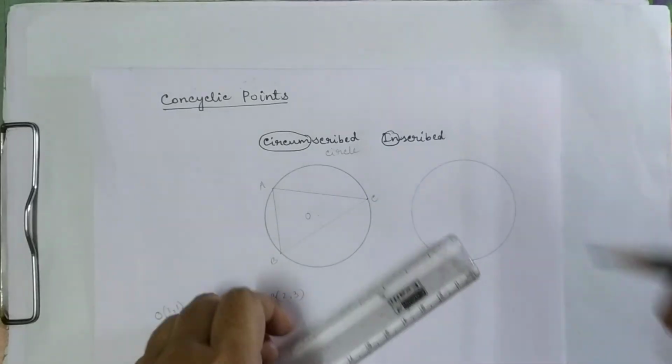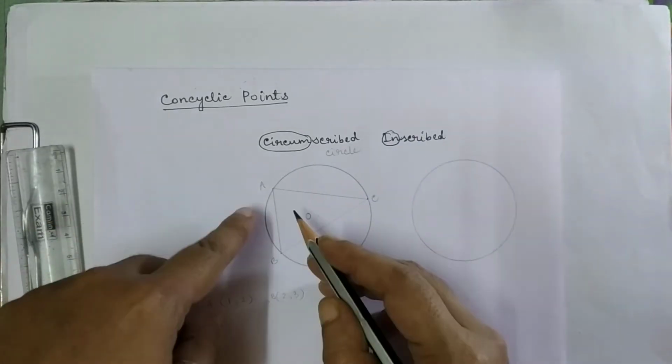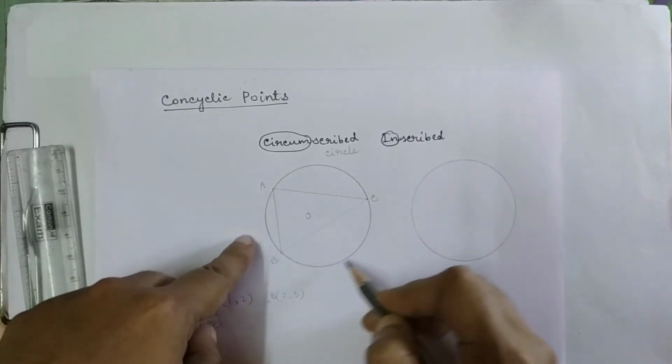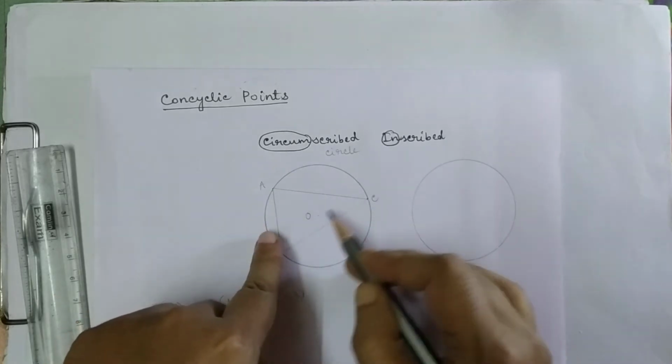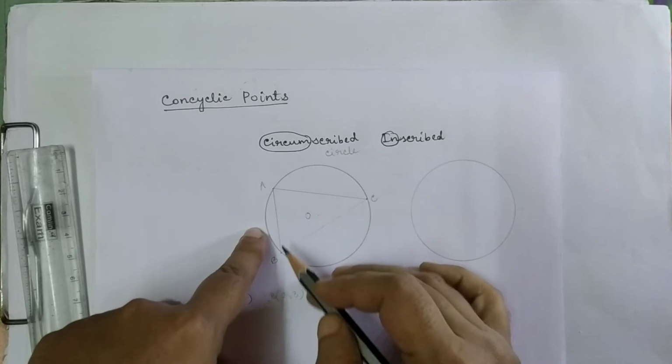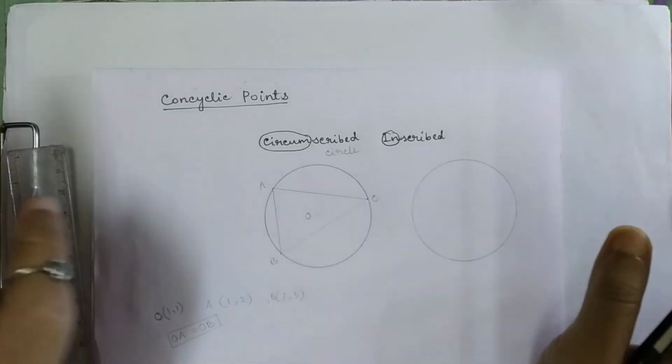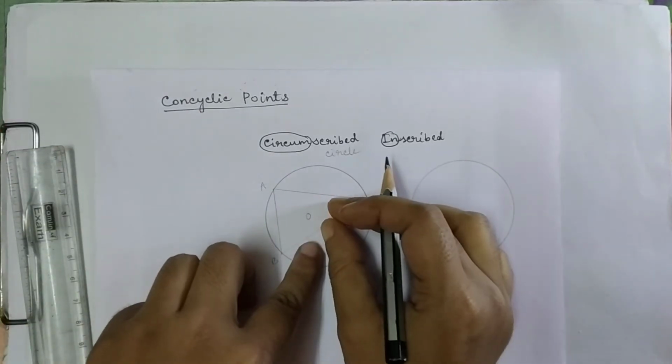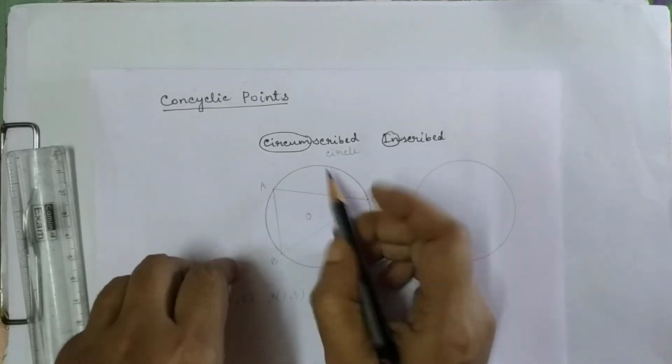So in this particular case we can easily say that the circle centered at O is the circumscribed circle to the triangle ABC. That means some other figure is inside and outside there is the circle.